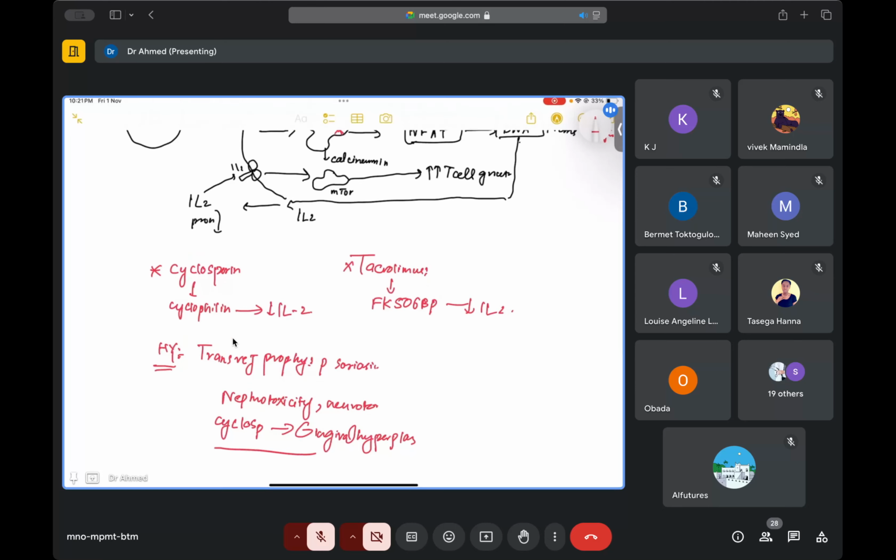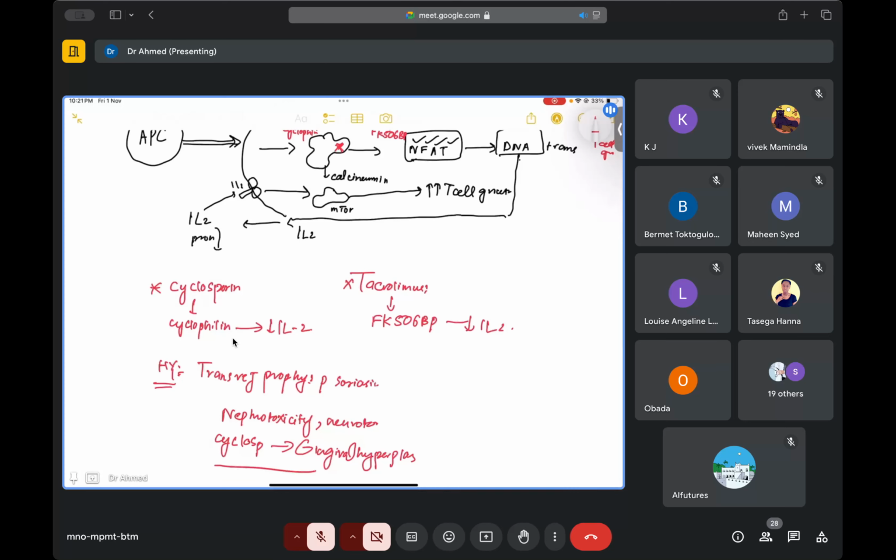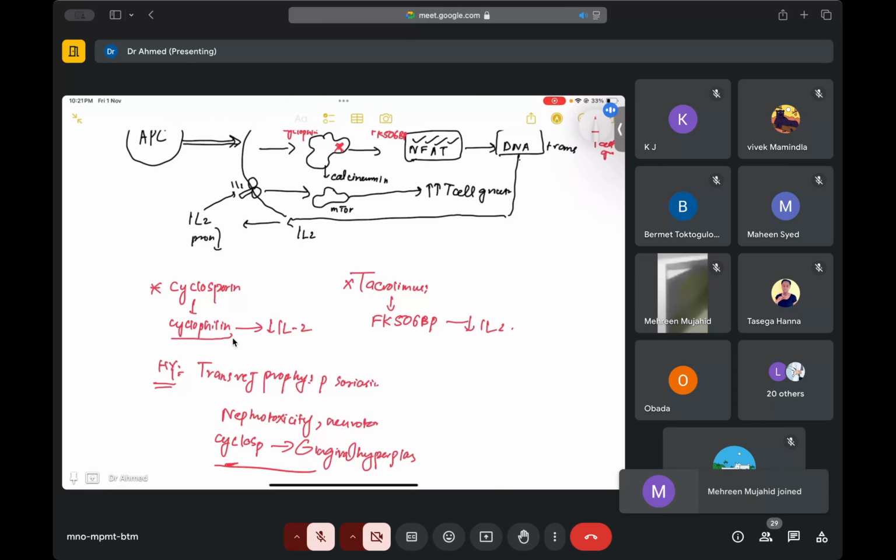So for example, in boards, if you have a question that we have a patient who is on an immunosuppressant and he has gingival hyperplasia, this drug is going to bind to which protein in order to inhibit your calcineurin? It has to bind with cyclophilin, right?